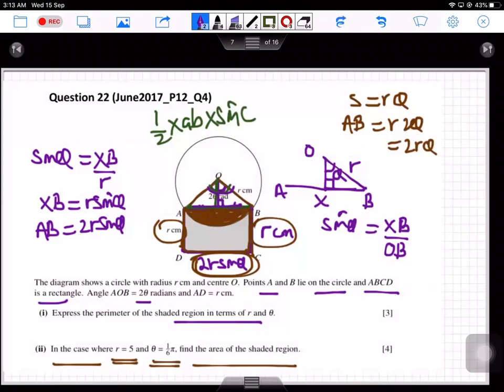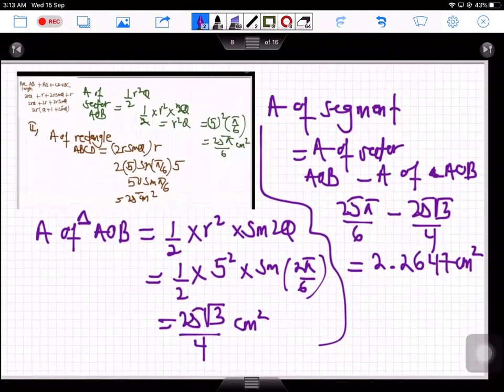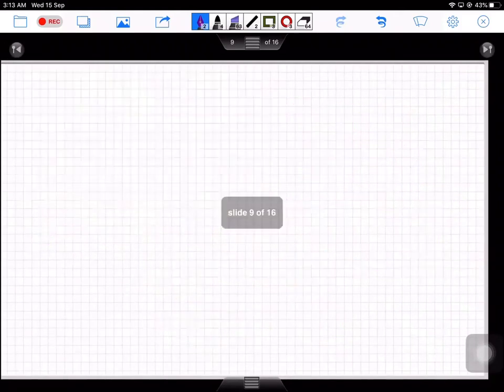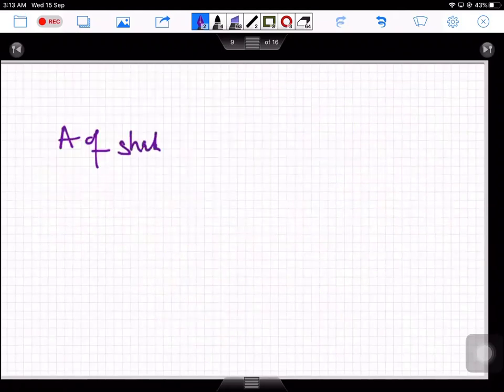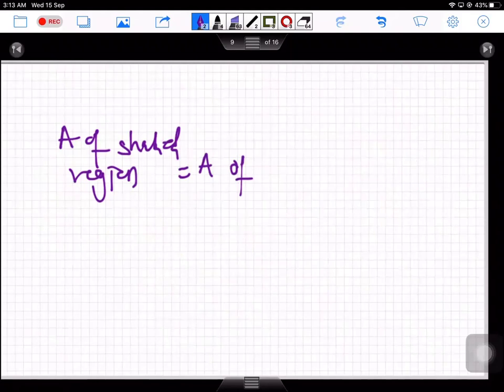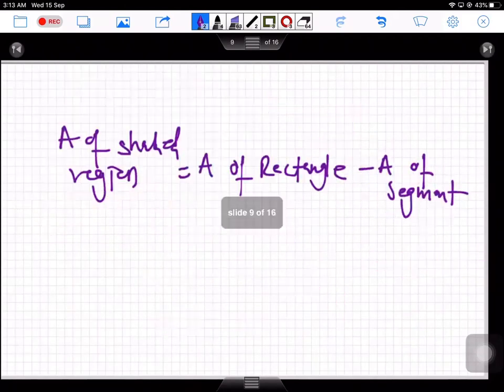Now, in order to find the area of the shaded region, we can subtract the area of the segment from the area of this rectangle. So area of the rectangle, which we initially found, was 25 centimeters square. So area of shaded region is equal to area of rectangle minus area of segment. Area of rectangle is 25 centimeters square.